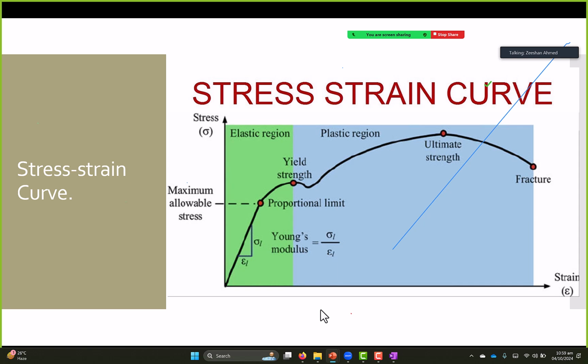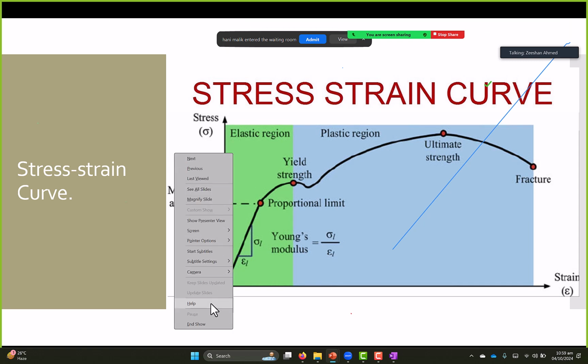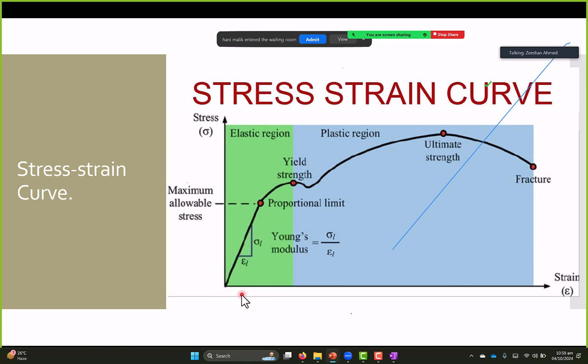This defines the entire, I would say, the mechanical property that steel holds in tension. Please look at this very carefully. This I can assure you will be part of your midterm and final exam.